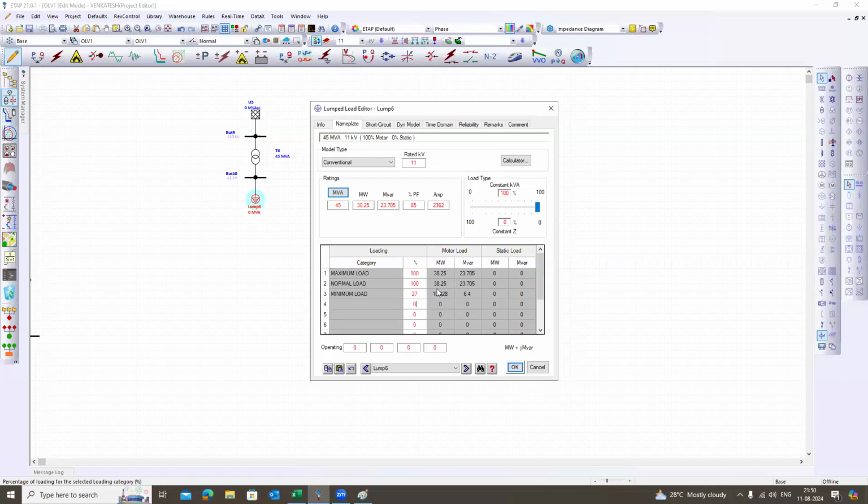So you have a 45 MVA load at 85% power factor. The load varies from 27% to 100%, which brings the load variation from 10 megawatt to 38 megawatt.